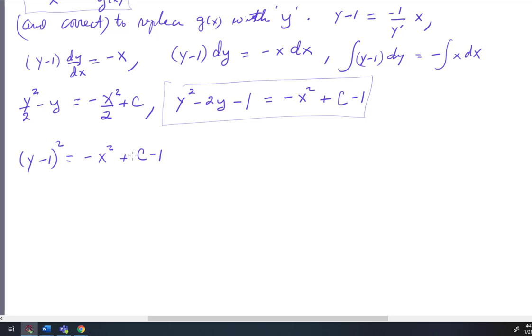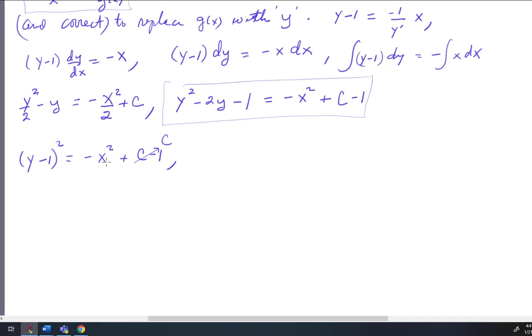And I'm going to ask you again, if c is an arbitrary constant, what's c minus 1? C minus 1 is also an arbitrary constant. So when I rewrite this, I'm going to replace that with just a c.